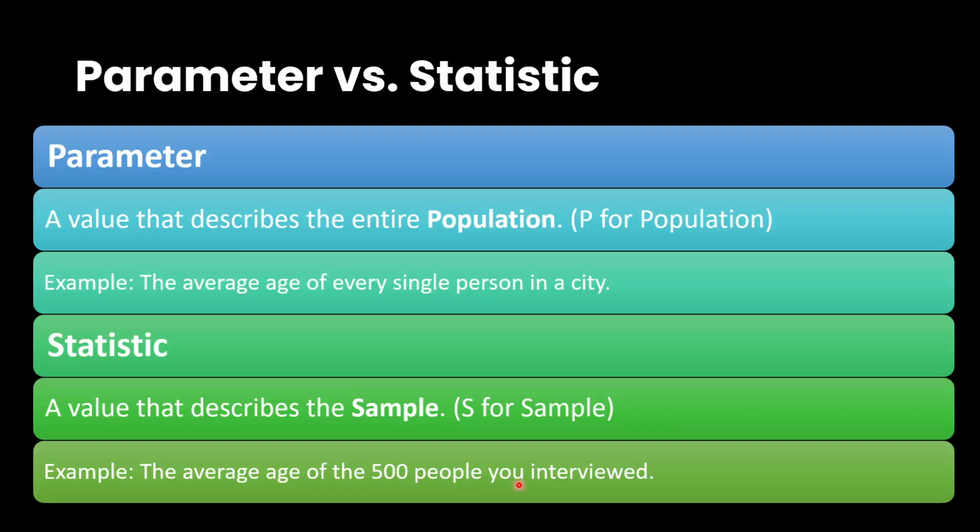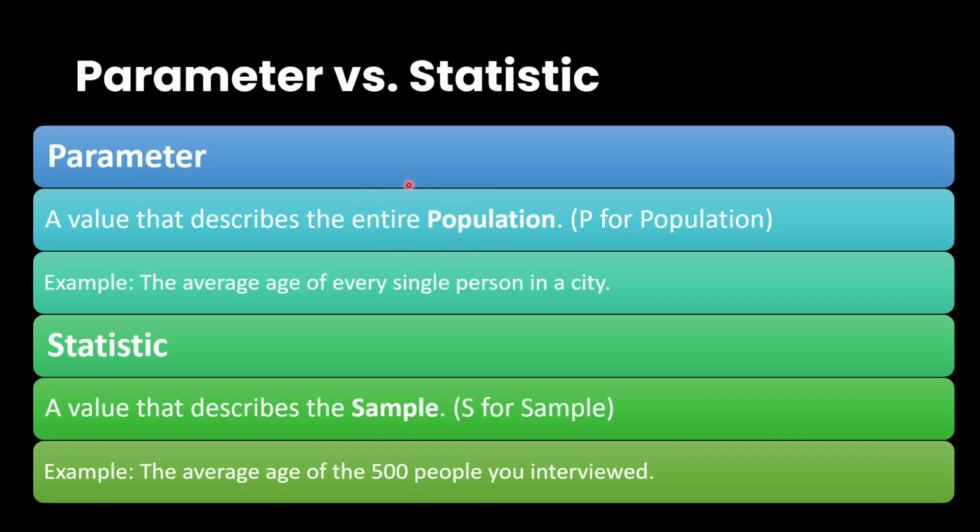So that is census. Then we make use of two more terms called parameter and statistic. Parameter is a term associated with the population, a value that describes the entire population. Let us say the mean of the population or the variance of the population.